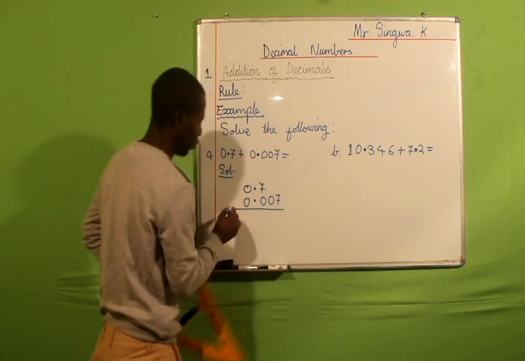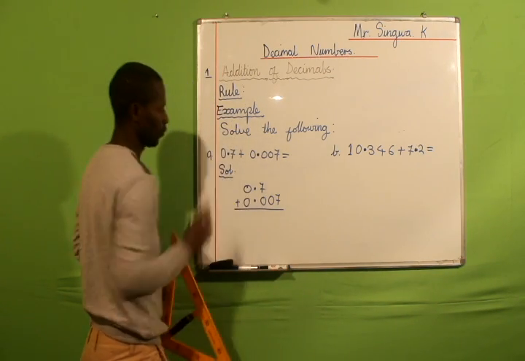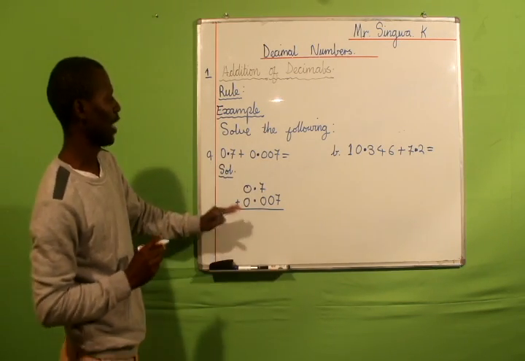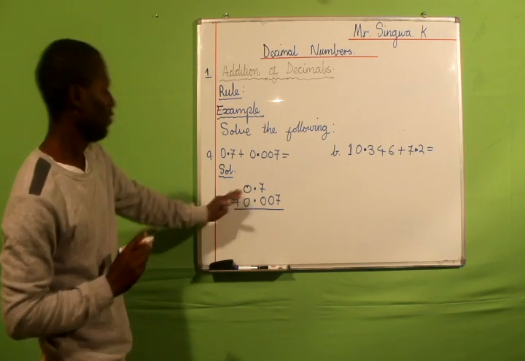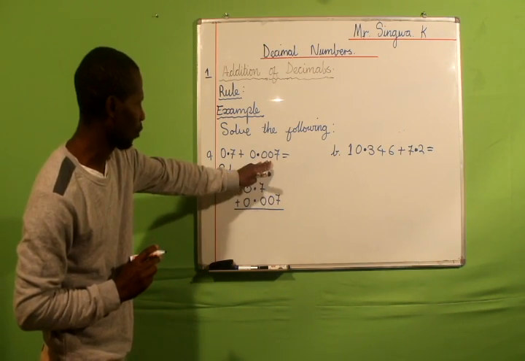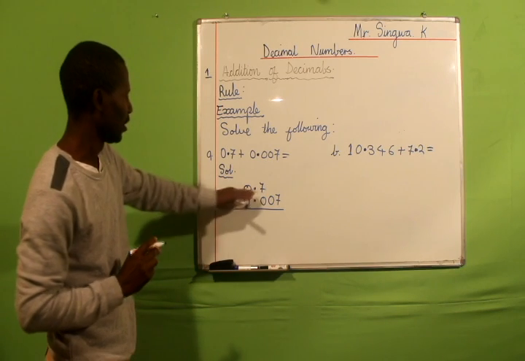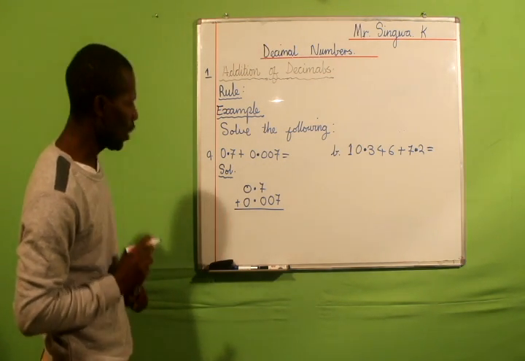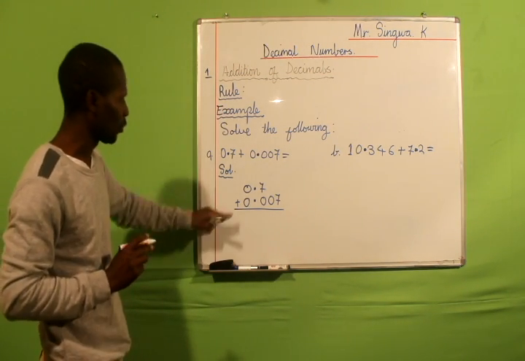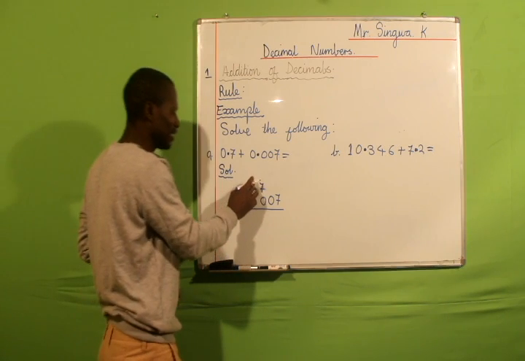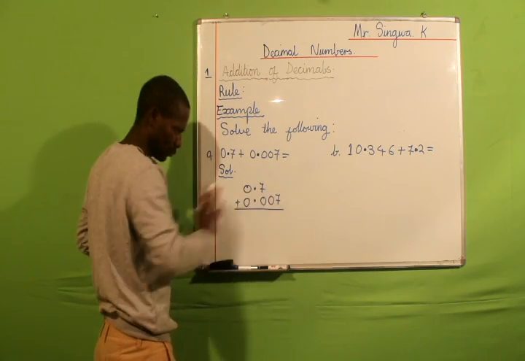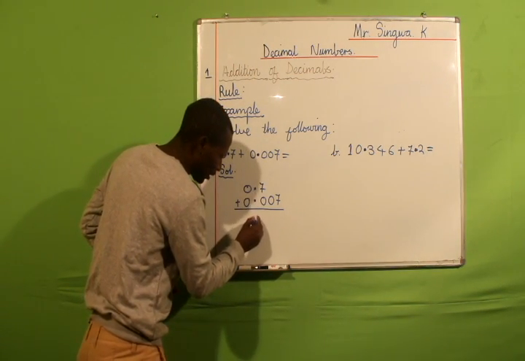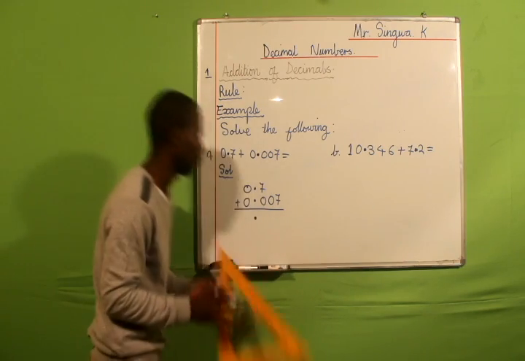Others who have their own separate way of handling this have written it, so please don't forget the sign. This one is 4 digits, this one is 2 digits. The rule I'm following right here is that my decimal point should be in a straight line, so even my answer is going to be in a straight line.